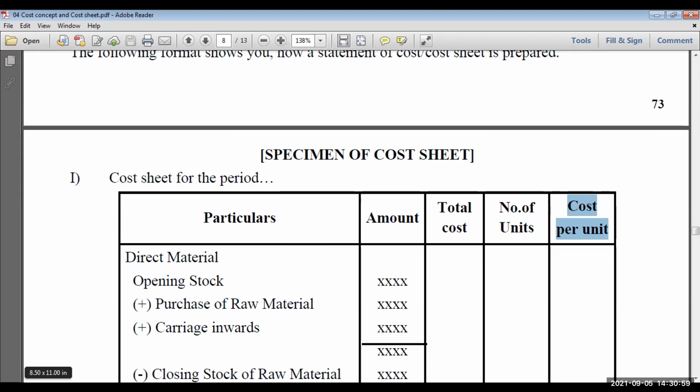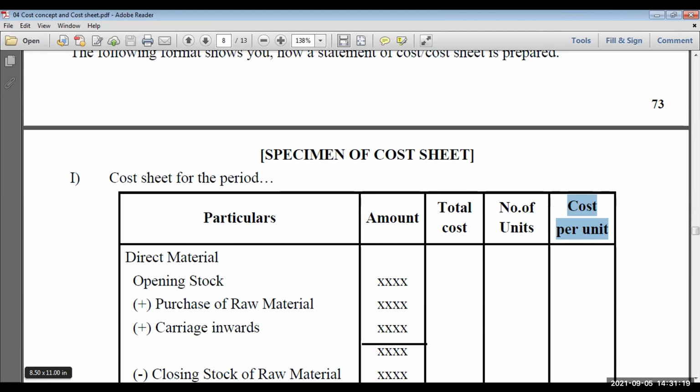So we don't spend much on the definition of direct and indirect, but understand any cost which is directly associated with the volume of output, that's called direct cost. Anything for which I can't say how much is the amount spent on that particular cost to make 1 unit of output, that cost is called indirect cost.